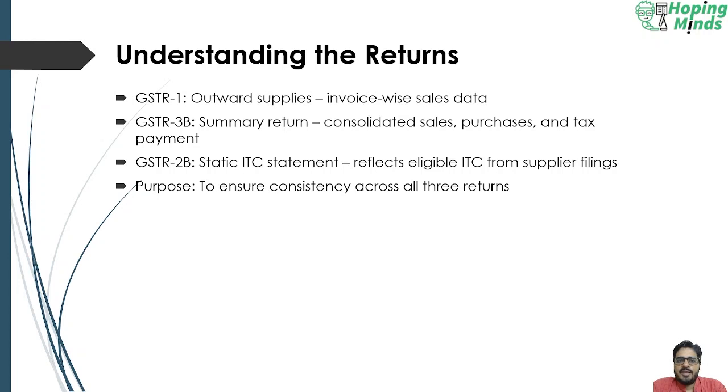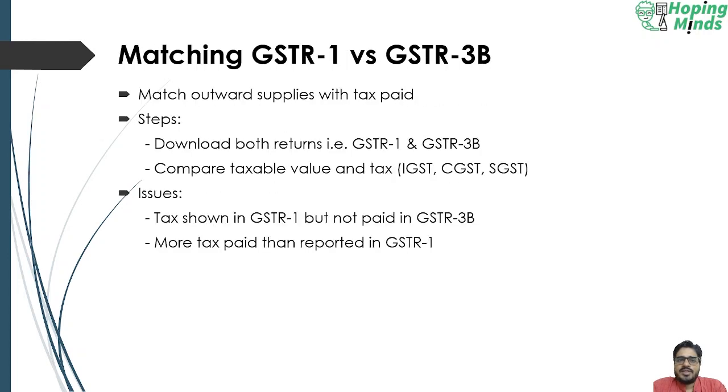So moving ahead, let us start with matching GSTR-1 versus GSTR-3B. The objective is to ensure that the taxable value and the tax liability declared in GSTR-1 match with the outward liability figures in GSTR-3B.